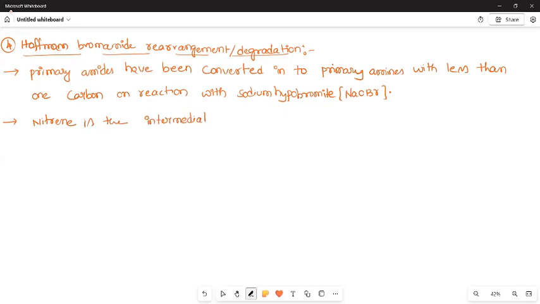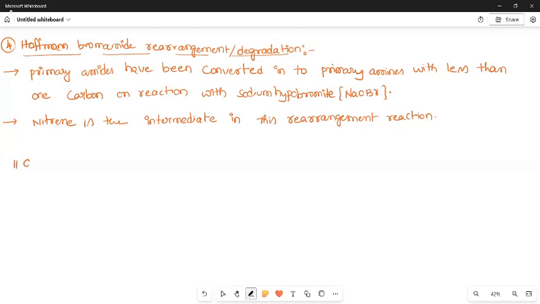We have various reactive intermediates: carbocation, carbanion, carbon free radical, carbene, nitrene. So these are the intermediates. Nitrene is the intermediate in this rearrangement reaction.